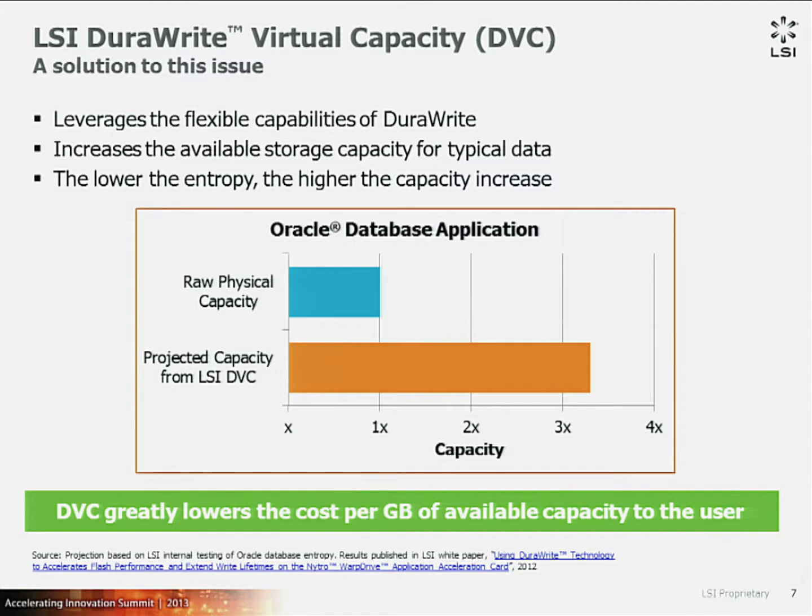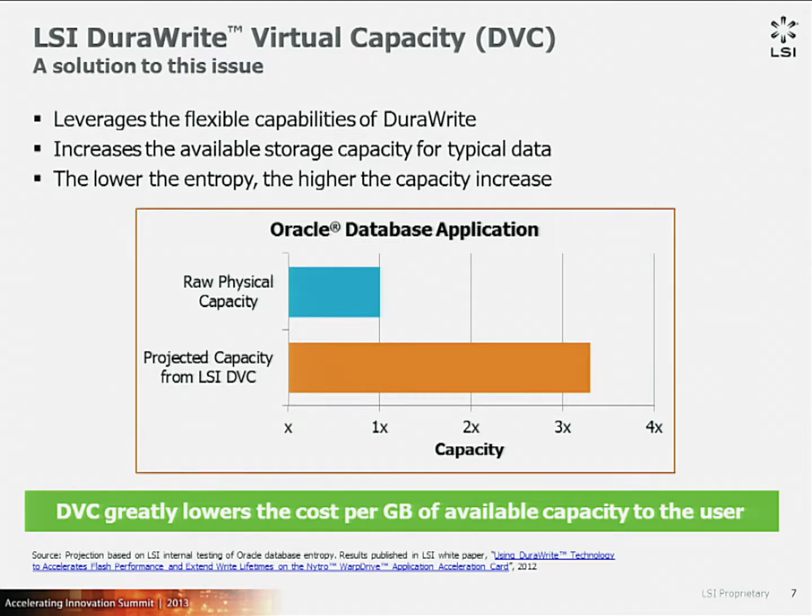So if you were to fill a drive with that Oracle database and you would say its capacity was 1x, what you'd find is if you ran it through Dura-Write virtual capacity, you would actually have over a 3x multiple of that same capacity.